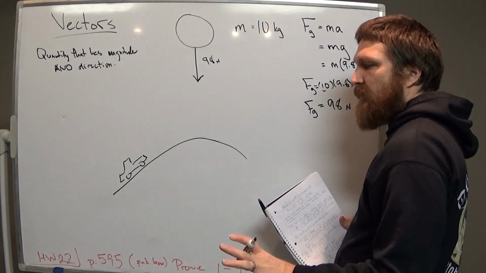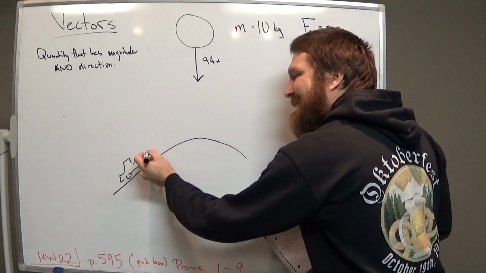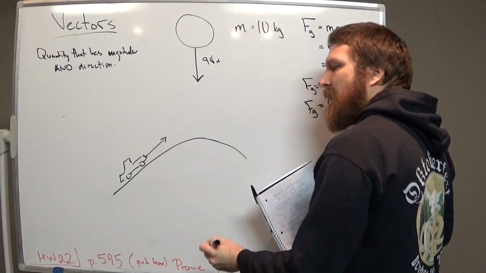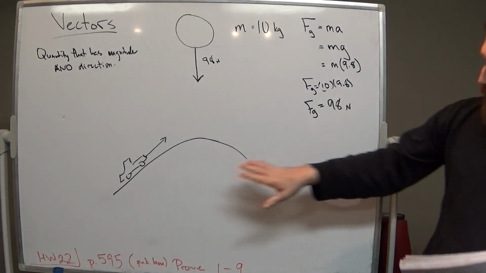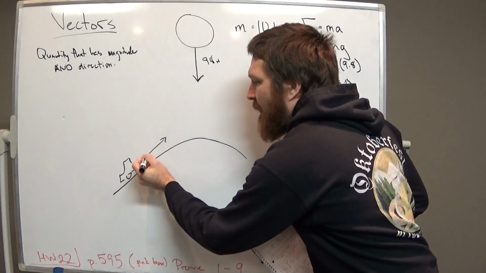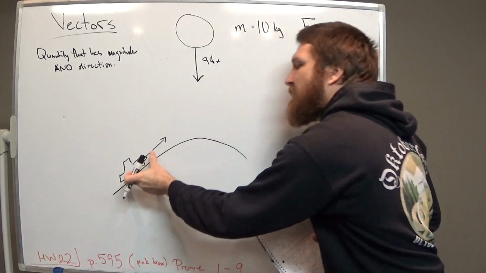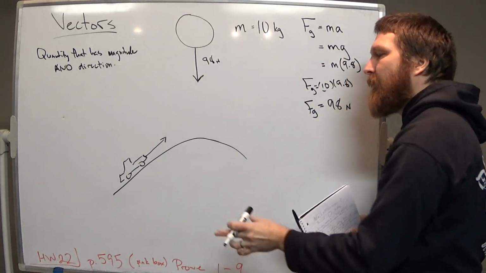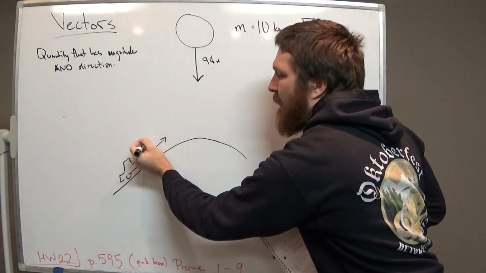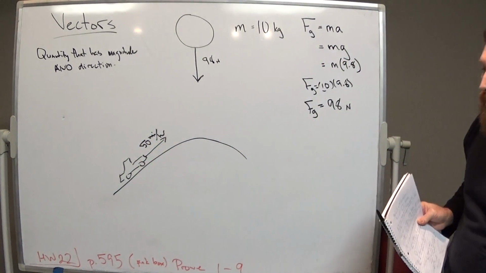The speed itself is just, say, 50 miles per hour. But the velocity includes the direction, right? And so in this case, we're heading in that direction, and so we have an arrow showing the direction of motion at this instant. And yeah, it's going to change, but right here, his velocity is this, and I've drawn it so long that it corresponds to, I don't know, 50 miles per hour or whatever, right?